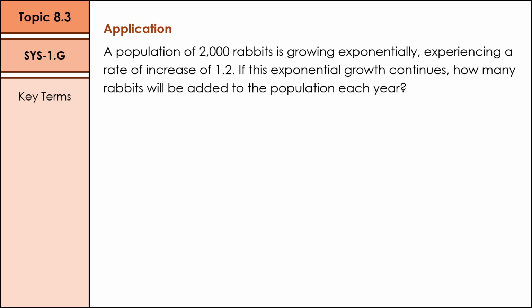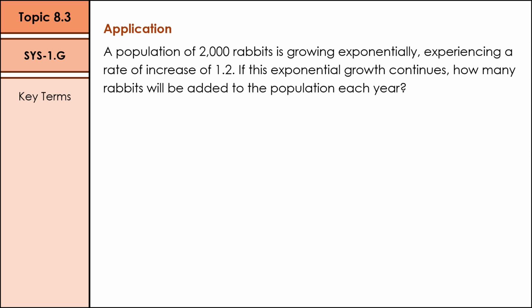So here is your second application problem for this lecture. This is a math problem, so I am going to ask you to do a little bit of algebra for me. In this case, we have a population of 2,000 rabbits that is growing exponentially, experiencing a rate of increase of 1.2.